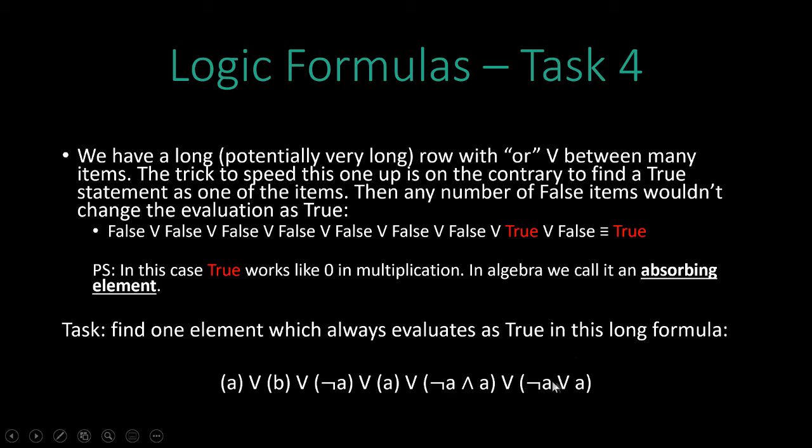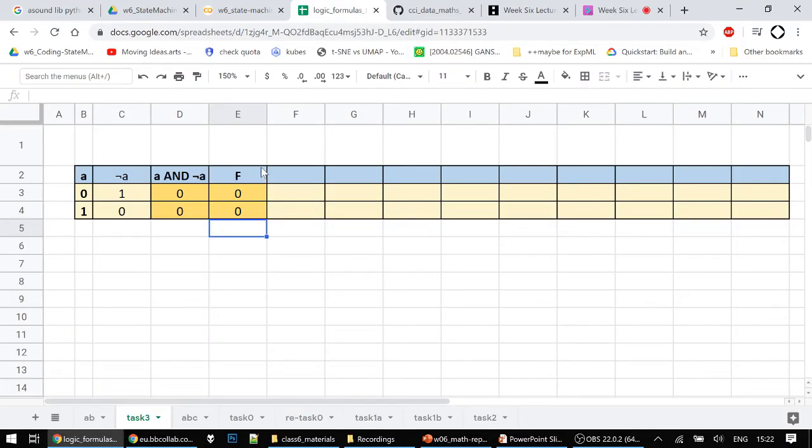The same applies here. It's not true or true, or not A and true, and A. Sorry. Let's try it here. We have not A or A here, so let's rename these tasks 3 and 4.